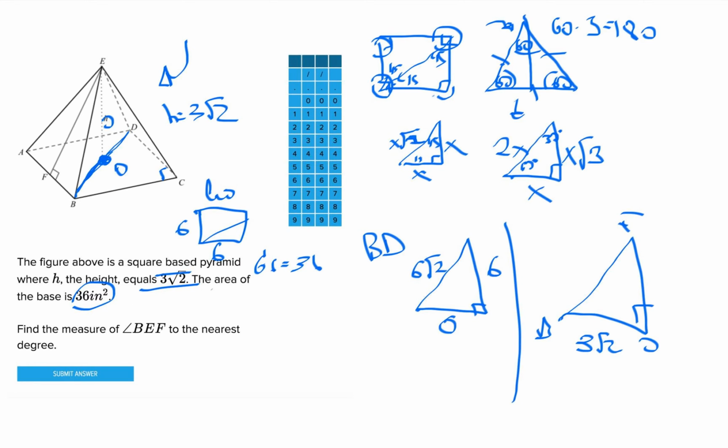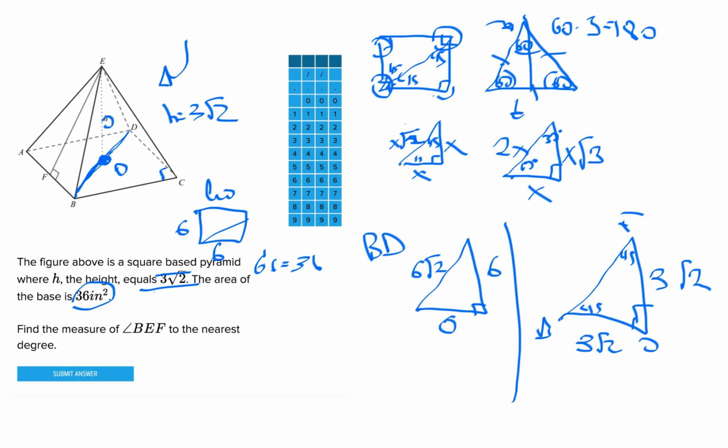And we were told the height already is also 3 root 2. So if we know that both of these legs measure the exact same, and that this is a right triangle, then this is also going to have to be a 45, 45, 90.